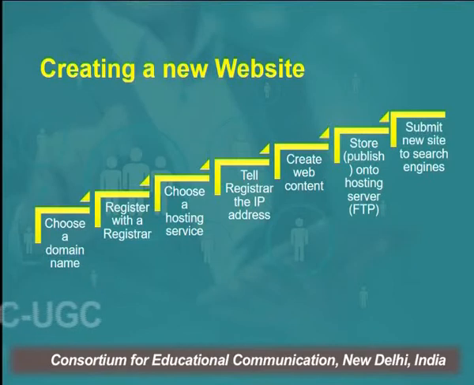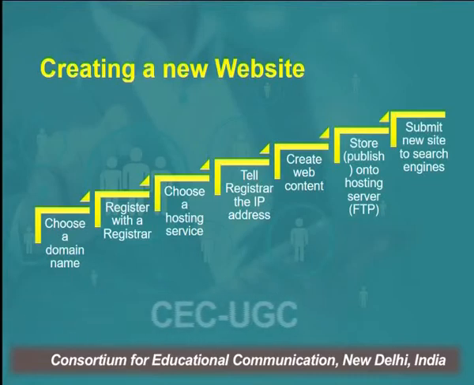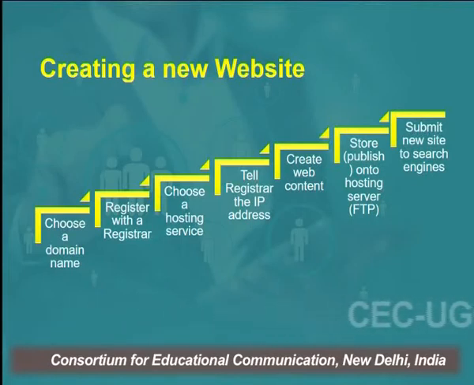After you have chosen a domain name, the next step is to register with a registrar, the company or agency which will register your domain name. Then you choose a hosting service, right? Which company or which server you want to host your website on. Then you tell the registrar the IP address of your hosting server.